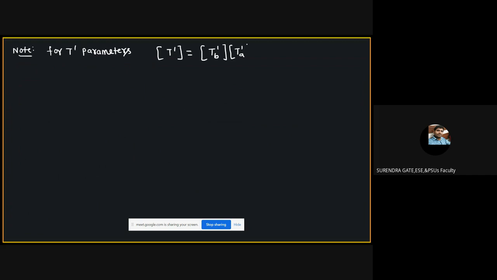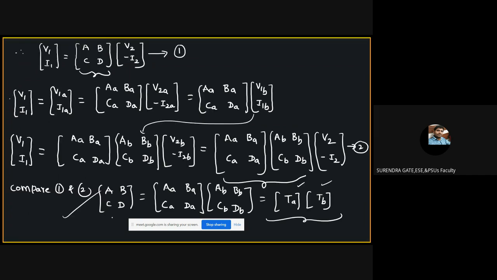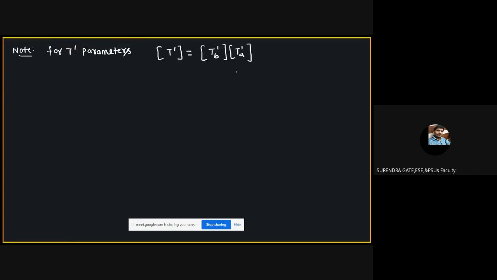This is important. It is not TA into TB, it is TB into TA. The resultant T dash parameters equal TB into TA. Okay, this is about cascade connection or tandem connection.